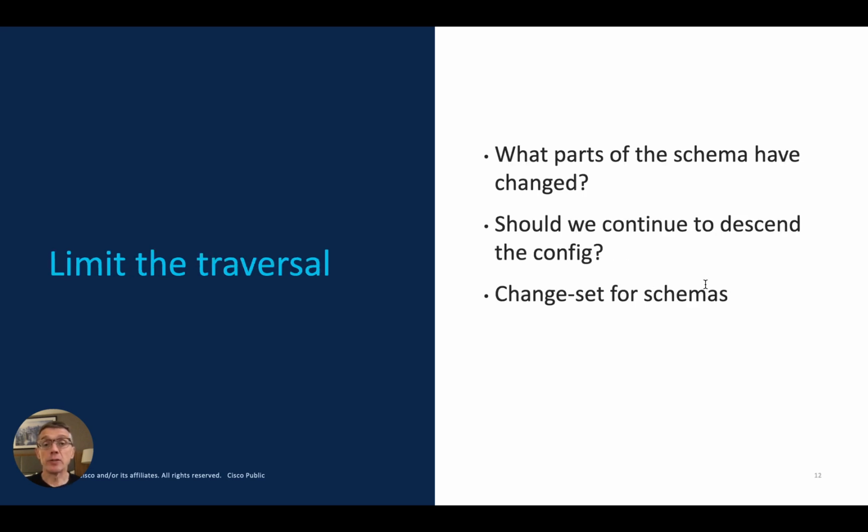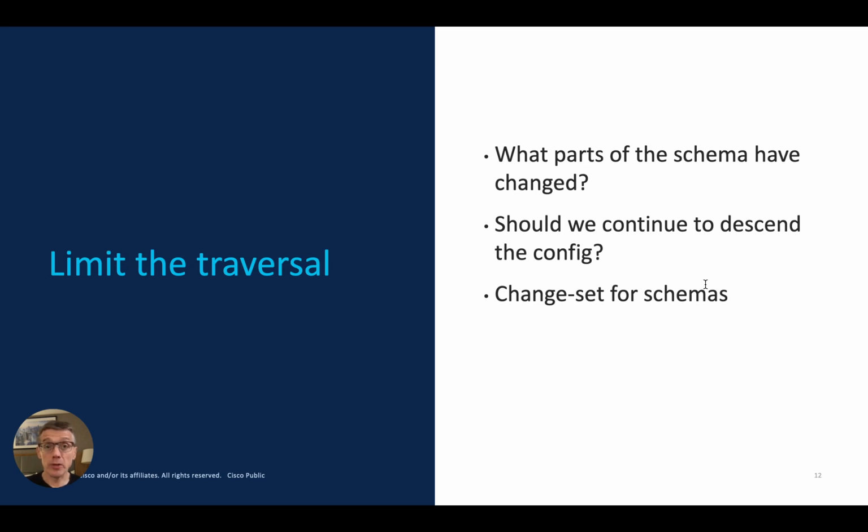Limit the traversal. Let's look at how the configuration is made to fit the new schemas. The configuration essentially consists of a number of trees, one for every namespace. Now we have to make sure every one of them fits into the new schema.